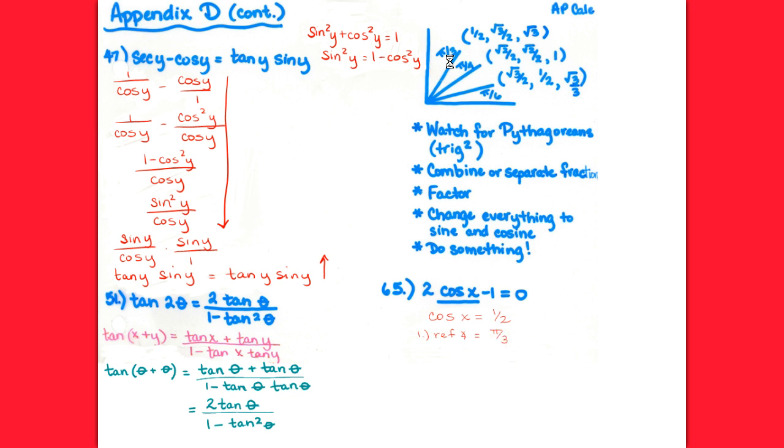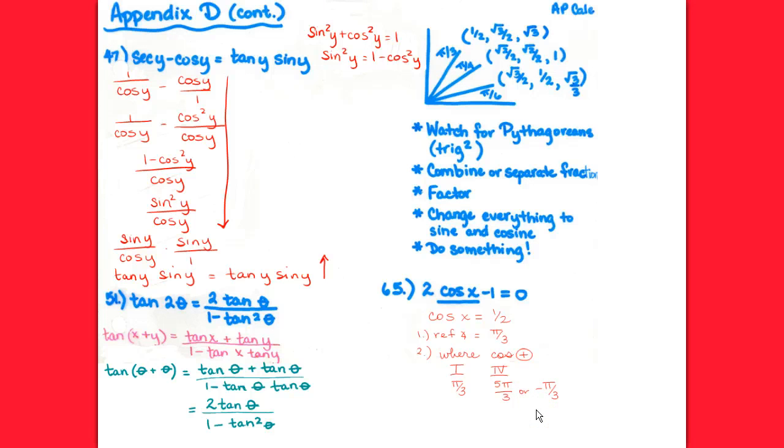Then step number 2, this is cosine equals positive 1/2, so I have to think about where is cosine positive, what 2 quadrants? First and fourth. So I'm going to give the first quadrant pi over 3 and the fourth quadrant pi over 3. So first quadrant is pi over 3, but what's fourth quadrant? 5 pi over 3. Now, last year when we were working with inverse trig functions, there were some times that we called that negative pi over 3.